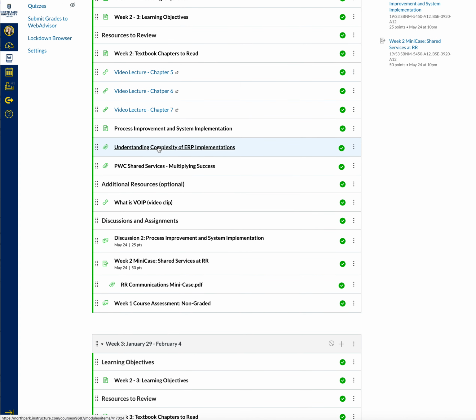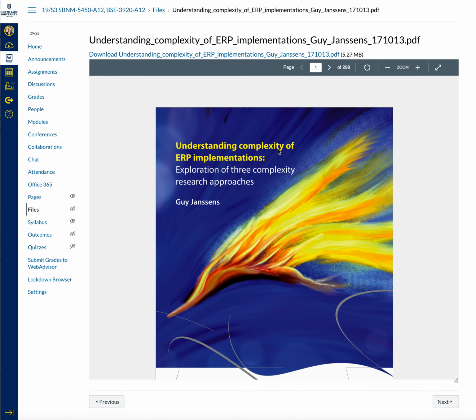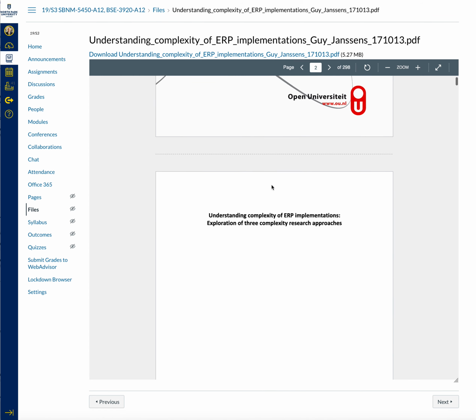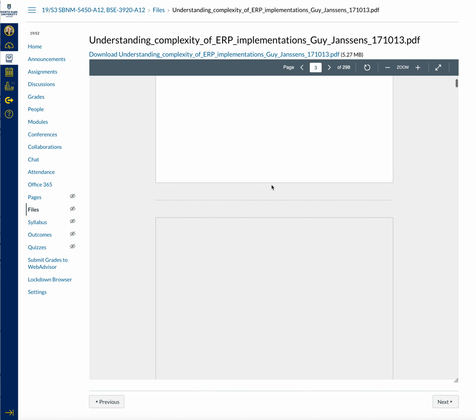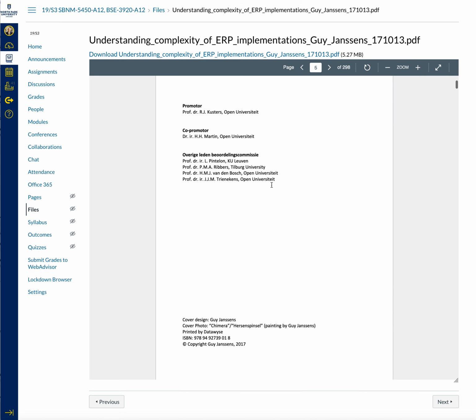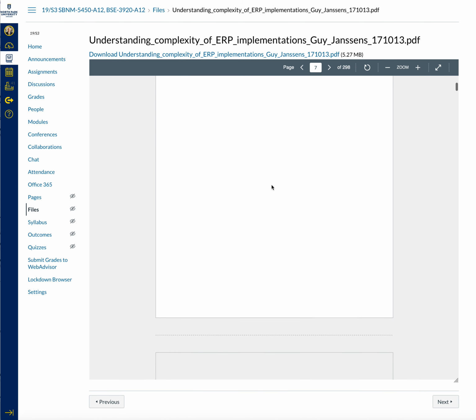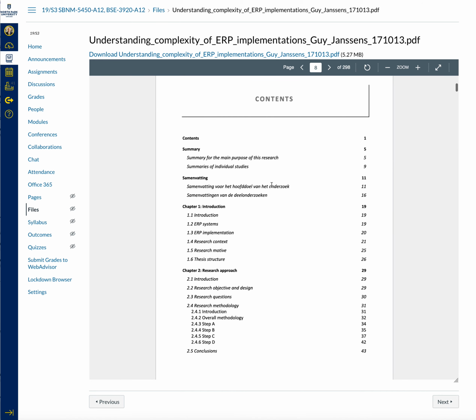Understanding the complexity of ERP implementations. And this is a reading that you can look at that I think talks about what they're trying to do. It's not bad, and it will help you also for this week's discussions.